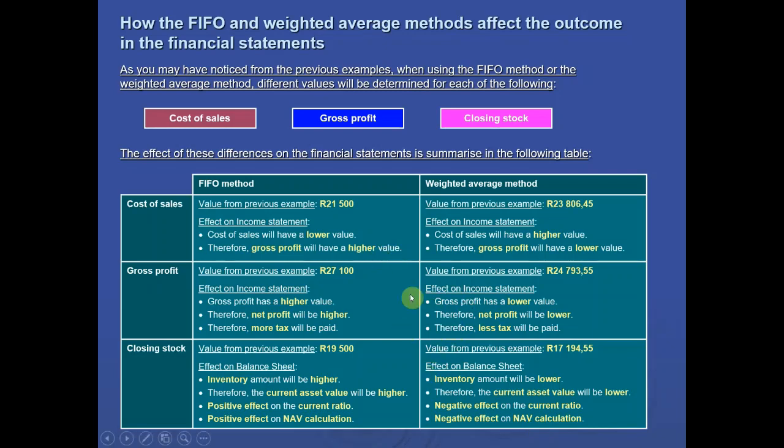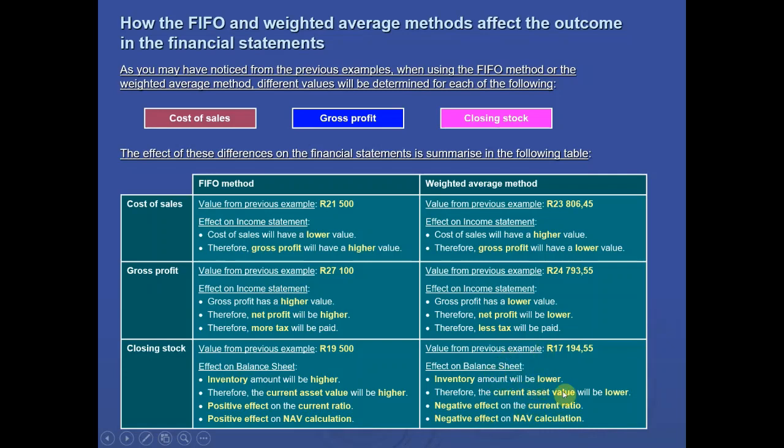So once again, we see here the whole concept that for everything you pay a price. So the advantage in the first in first out method is you pay less tax. The disadvantage, however, is that your current ratio and your net asset value calculation is worse.